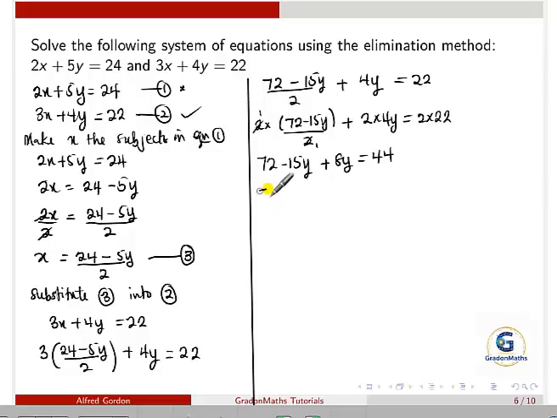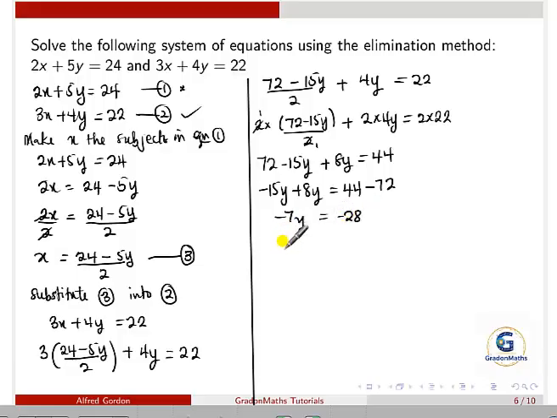Okay, so following through, we can group like terms to have 15y plus 8y is equal to 44. Then we have minus 72. Okay, so right here we have minus 15y plus 8y to give us a 7y, which is negative 7y, which is equal to, now we have a 44 minus 72 to give us a negative 28.